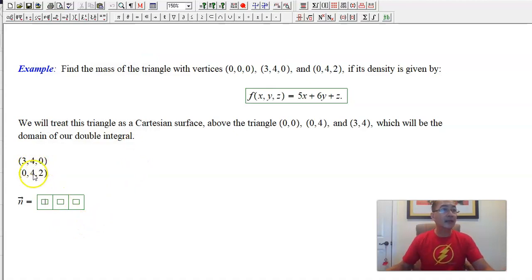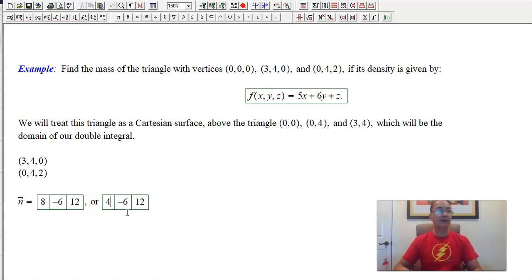So we get 8 minus 0, so that's 8. And then 0 minus 6, so that's minus 6. And then 12 minus 0, so that's 12. I guess we can divide everything by 2, right?